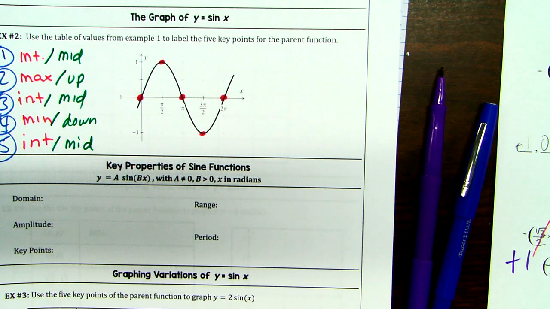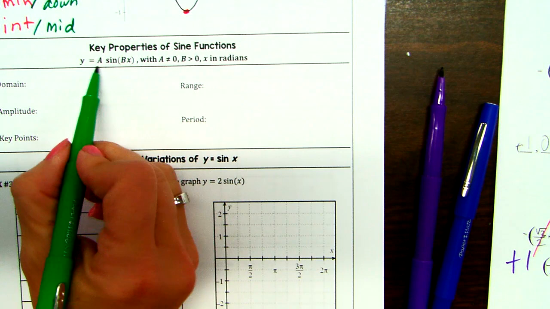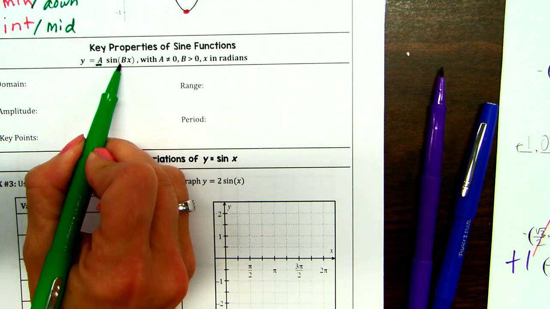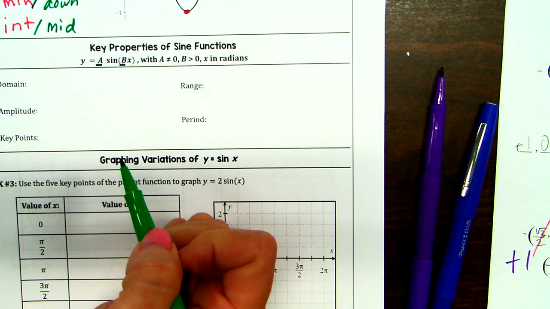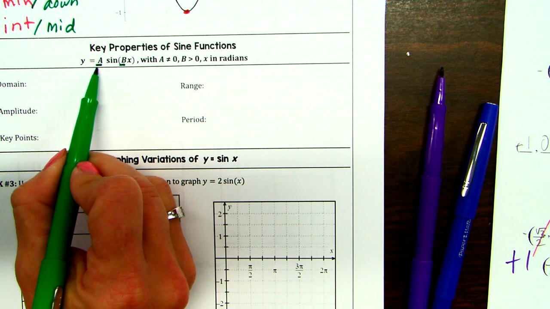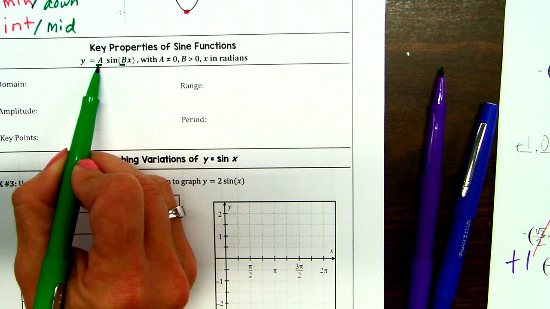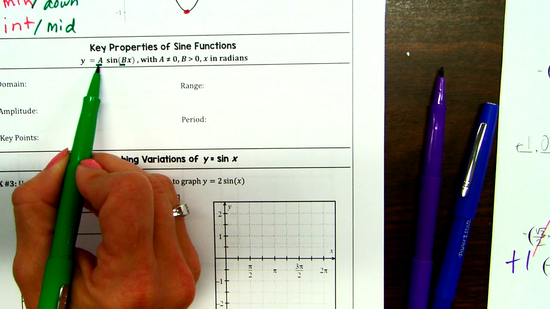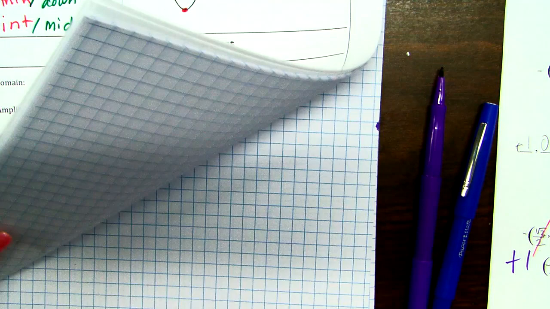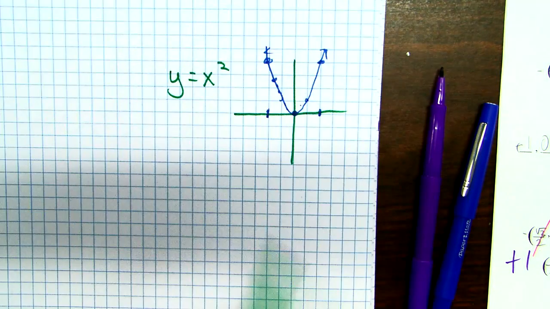All right. So let's talk about now going outside of the parent function. We throw an A in, we throw a B in. Well, A is our amplitude, and we talked about that in 3.1. A also does all the same things to this graph that A would do to this graph.